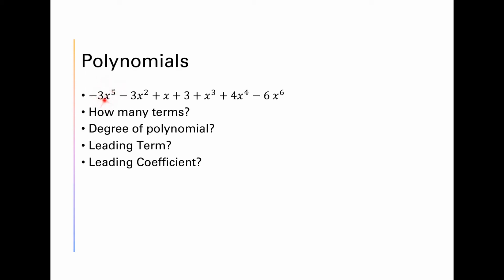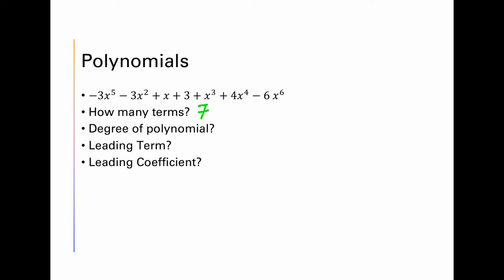So this is one term. This is a product here. That's a variable by itself, a number by itself, a variable to the third power, a product of 4 next to the fourth, and another product. So really what we're looking at is what's being connected by the pluses and minuses. We've got 1, 2, 3, 4, 5, 6, 7. So in this particular case, there are 7 terms in this polynomial.